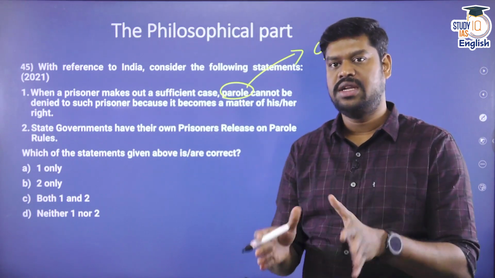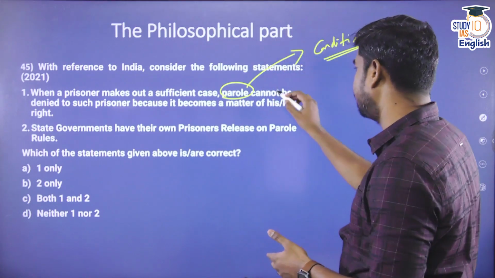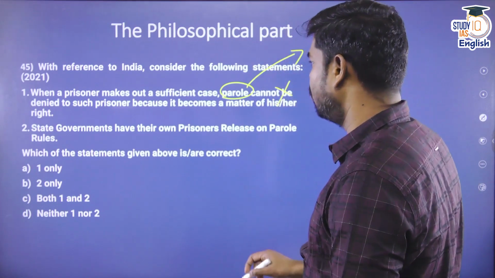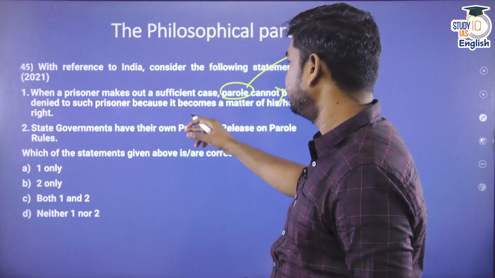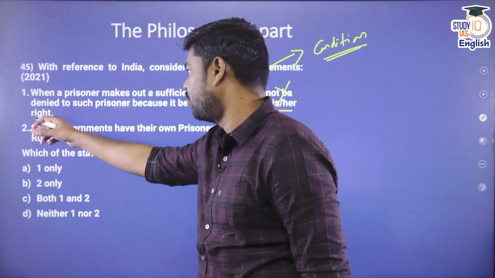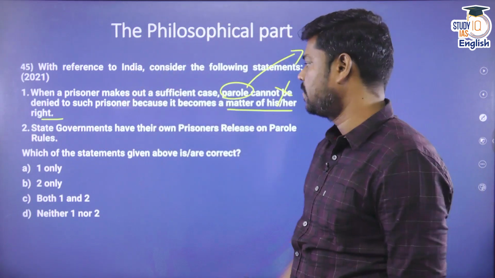If they feel there is a danger, they can deny it, and it is not a matter of right of the convict. So, this statement is wrong, because it says that if he makes out a sufficient case, it shall be a matter of his right. No, it is not a matter of his right. It is at the discretion of the state authorities, the prison authorities.